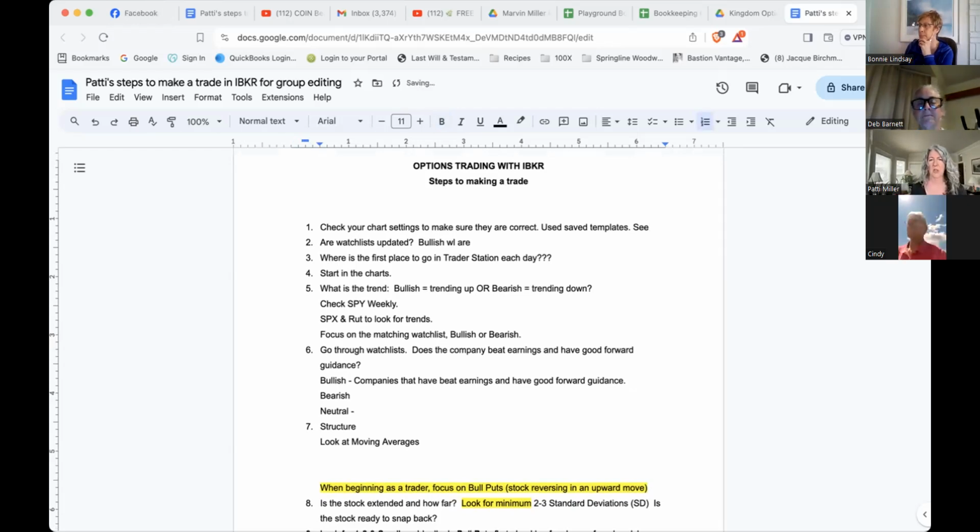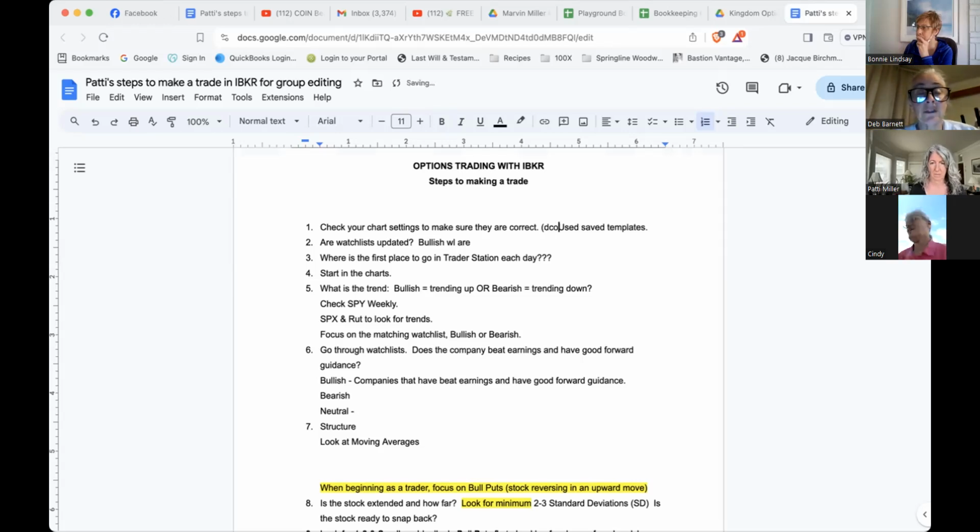When it says check your chart settings, half the problem is people go, well, what's it supposed to be? Jeff said this, Rami said that. That's where we still have things that aren't 100% clear.